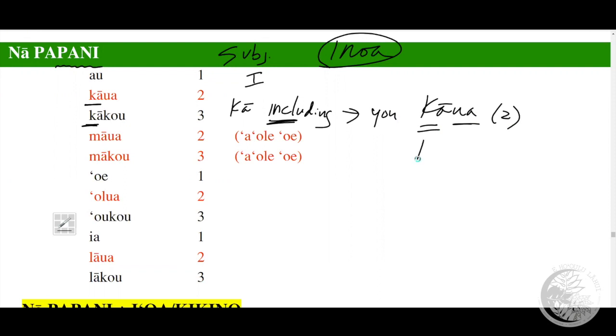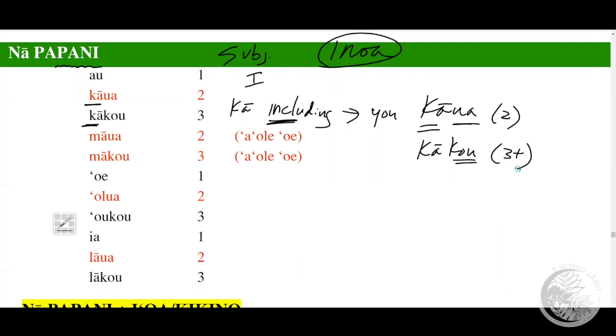Now this verse is ka, you and I, but perhaps there's 2 or 3 or 4 of you that I'm speaking to. So we say in Hawaiian, kako, which is you and I, plus others, which include us, we, in the subject position.